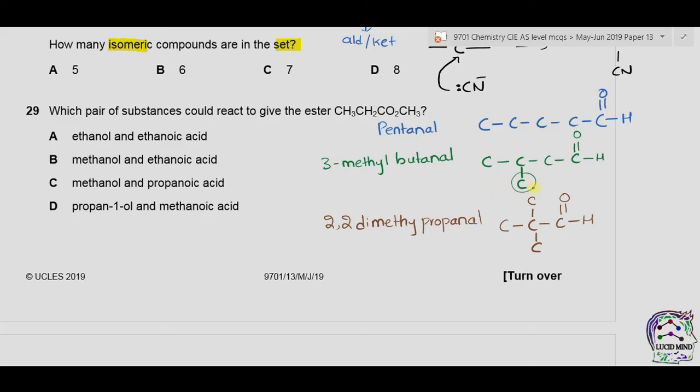Also we can draw it like this, that we have 4 carbon atoms in the long chain of the aldehyde and a methyl group is attached to the second carbon instead of the third carbon. Then the name will be 2-methylbutanal.